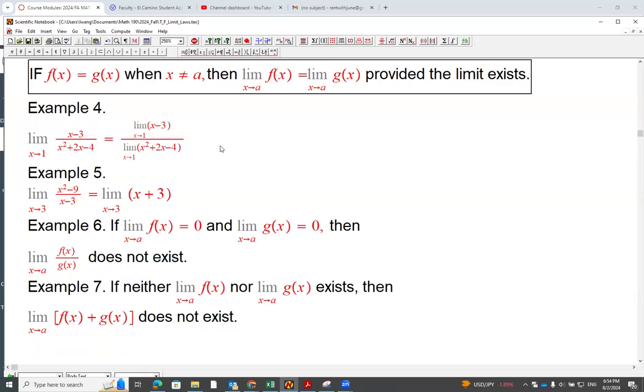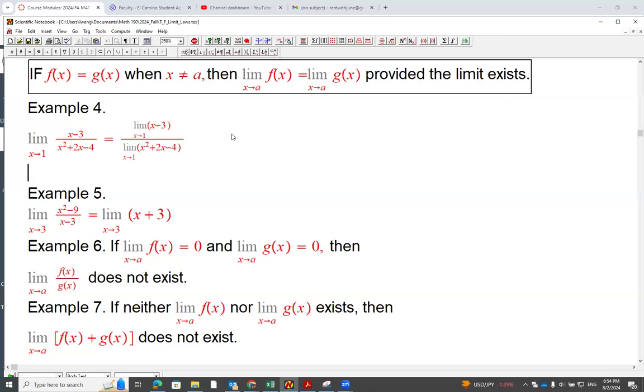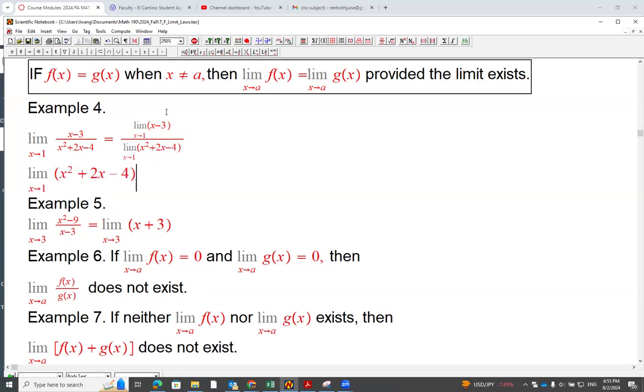This one is actually similar to that situation, but the quotient law obviously is applied here. To make sure, the top is a polynomial and the bottom is a polynomial. So if the limit of the denominator is not 0, we can apply the law of the limit. So let's look.